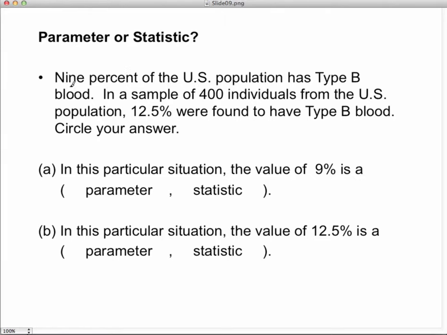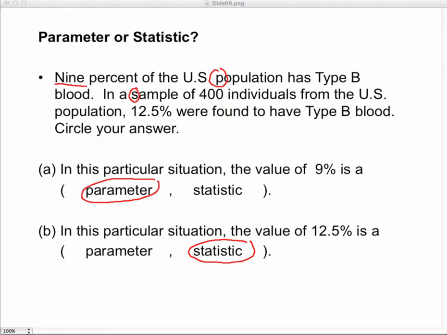Well, the key thing is, where did the 9% come from? That came from the population, so therefore it was a parameter value. And then, where did the 12.5% come from? Well, that came from a sample, and since that was a sample, the 12.5% value is a statistic. That's a really important concept. Make sure that makes sense to you, so you know the difference between a population parameter and a statistic.